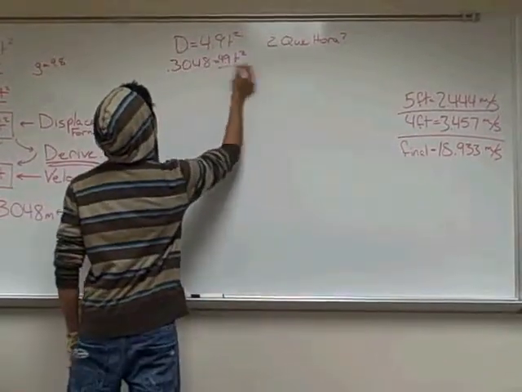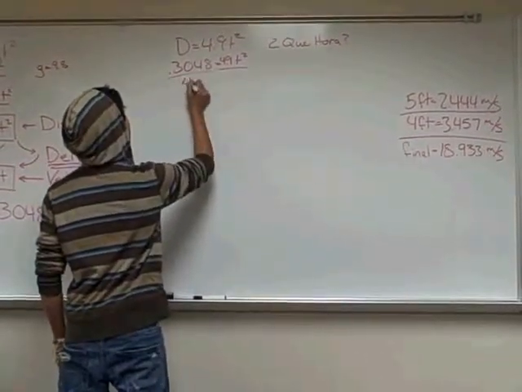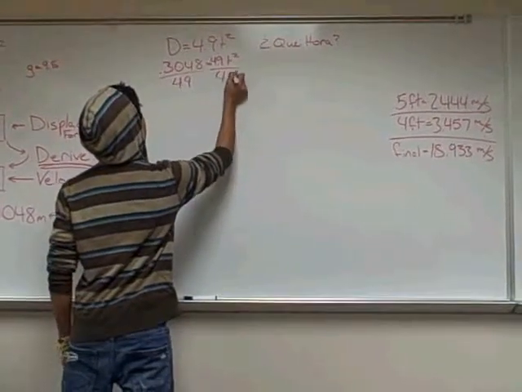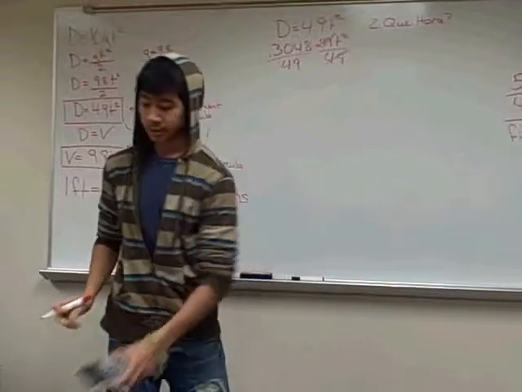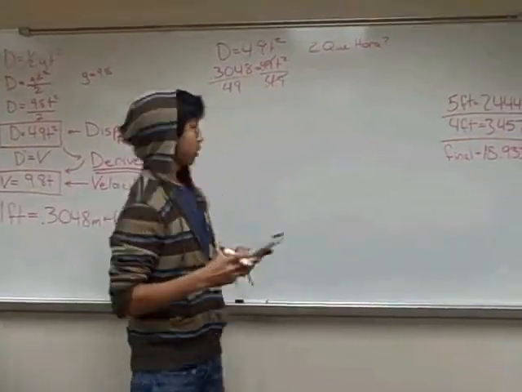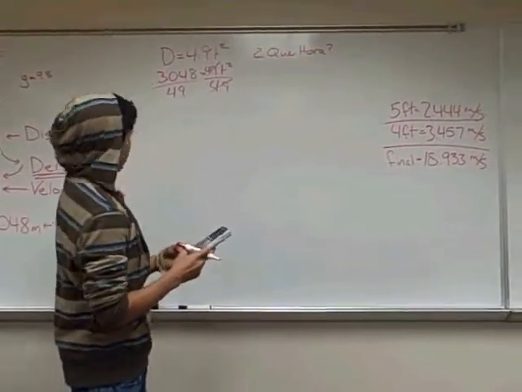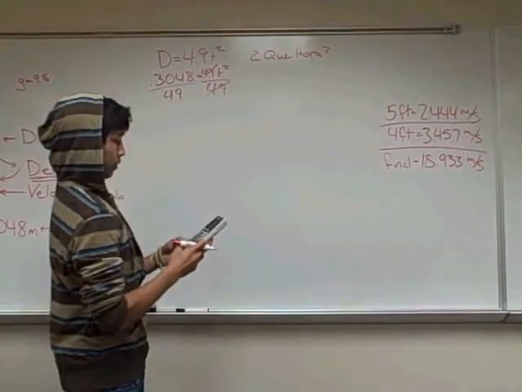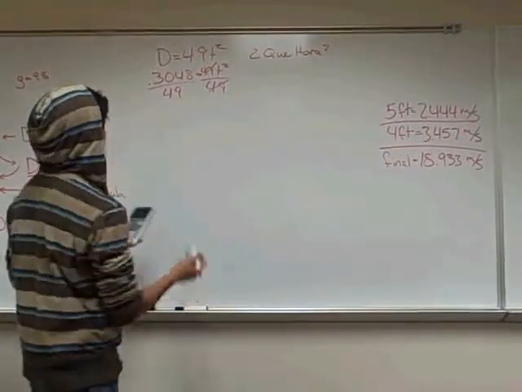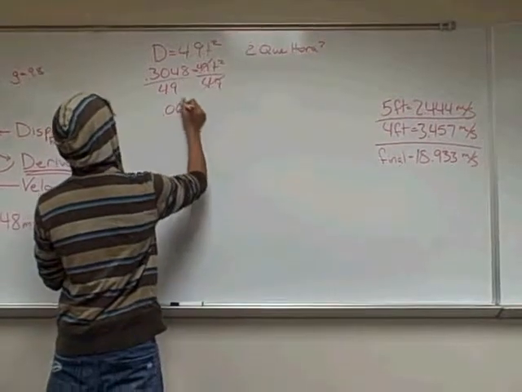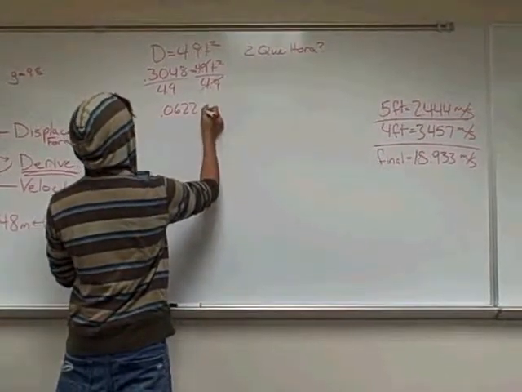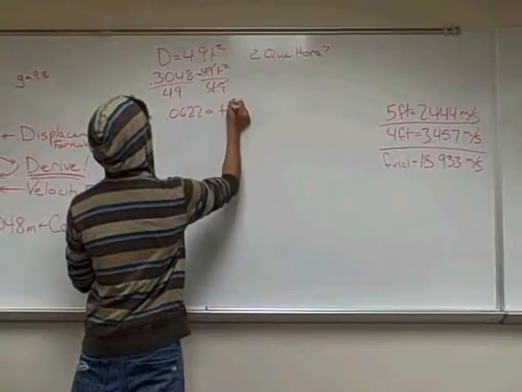So pretty much divide both sides by 4.9. 0.3048 divided by 4.9 gives you 0.0622, which is equal to t squared.